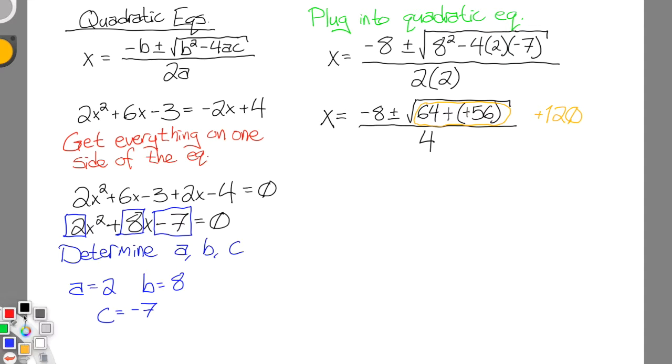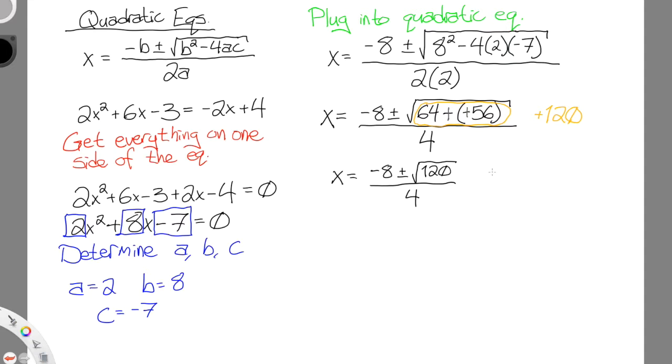So let me get back to the black marker here. So we have negative 8 plus or minus the square root of 120, all divided by 4. So now we can start thinking about that plus or minus. So that means we have two options here.